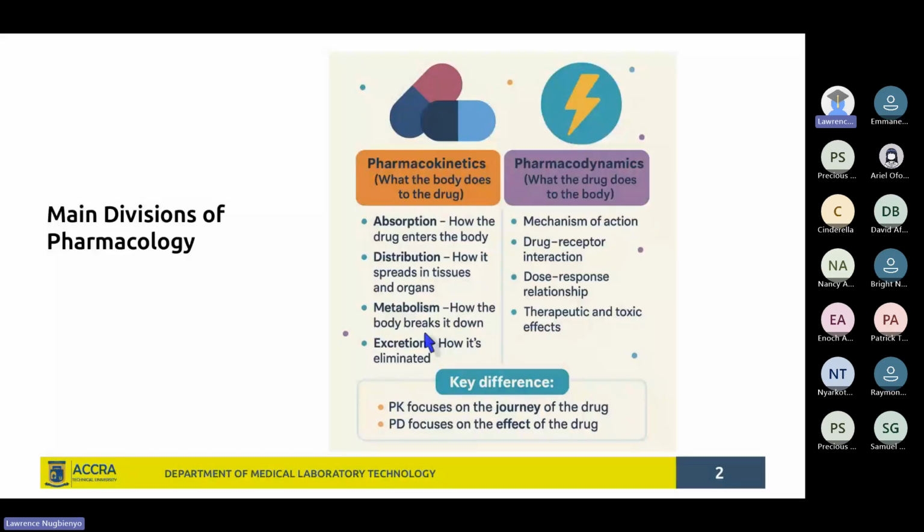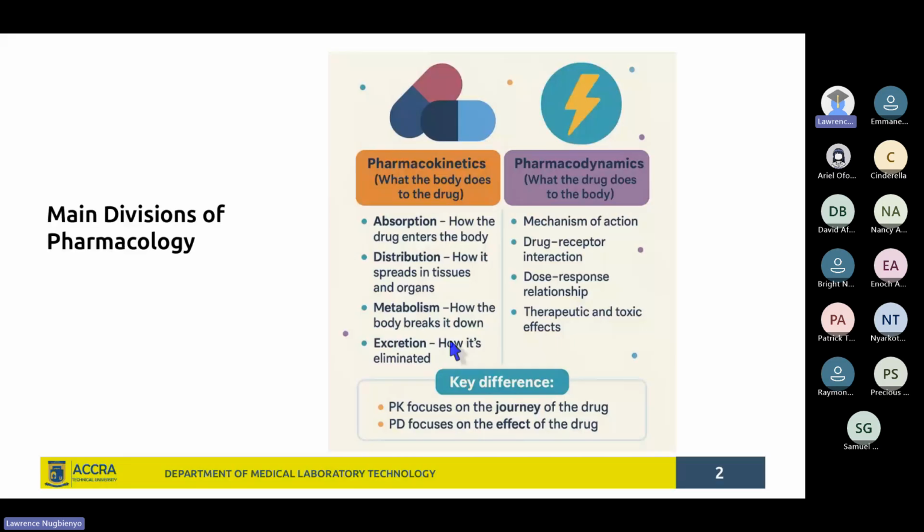We did look at cell communication, and so here too you see the interaction of the drug with receptors on the cell surface, or even receptors that are inside the cell. These will be some lipophilic drugs that can actually pass through the cell membrane into the cell and interact with the receptors inside the cell.